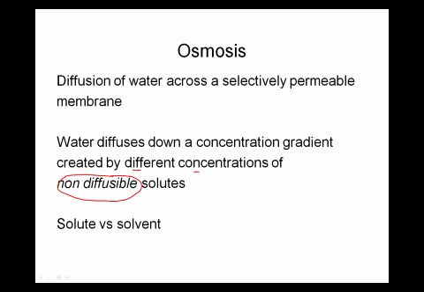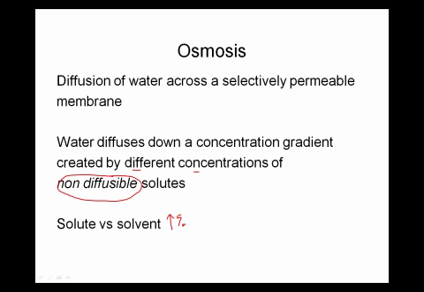We'll look at a diagram in just a moment and explain a little bit more about what that non-diffusible solute means. A solution is a homogeneous mixture of several different molecules. If we look at a solution, normally the solvent is a liquid. The solvent is going to be the material that is there in the highest concentration.